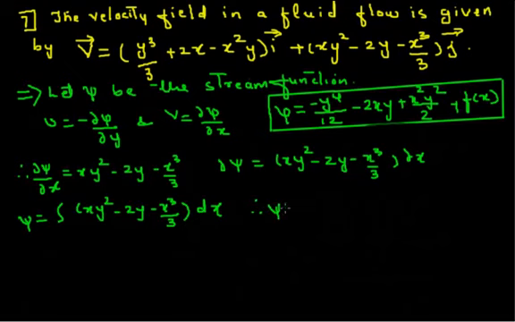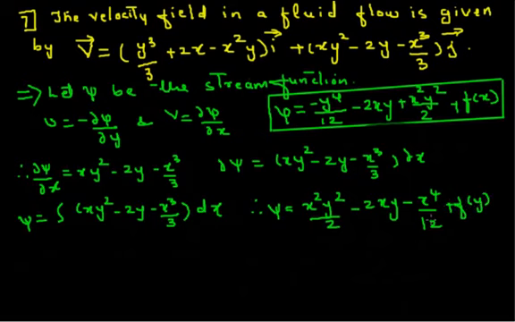Therefore psi is equal to integral of xy square with respect to x, which is nothing but x square y square by 2, then minus twice y is constant, so twice xy, then again minus x cube will come out to be x raised to 4 by 4 into 3 is 12, plus f of y, that is any function of y, and plus a constant, that is c.